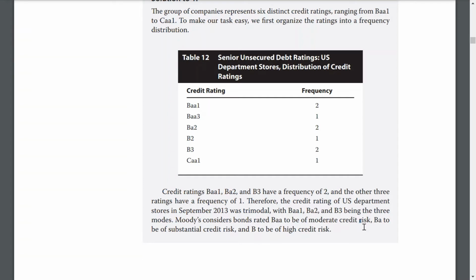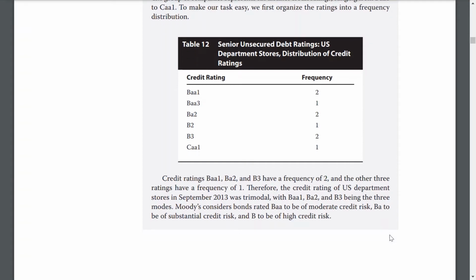Therefore, the credit rating of U.S. department stores in September 2013 is trimodal, which means 3 of them are the most common, with BAA1, BA2, and B3 being the 3 modes. Moody's considers bonds rated BAA to be moderate credit risk, BA to be substantial credit risk, and B to be high credit risk.